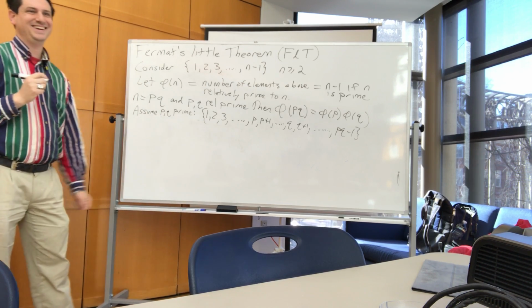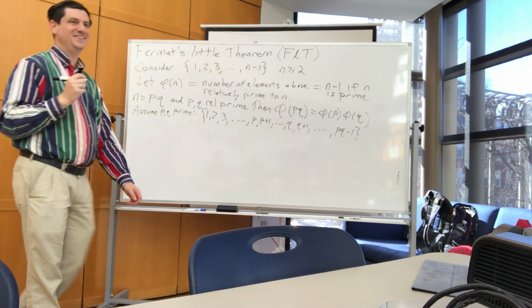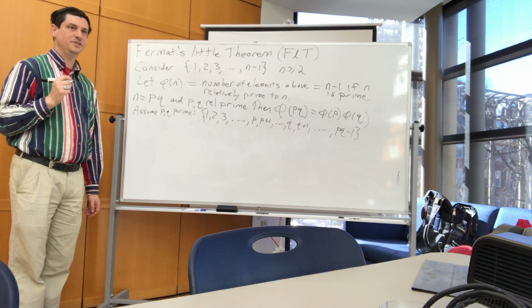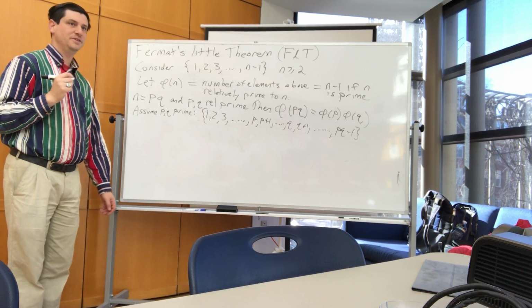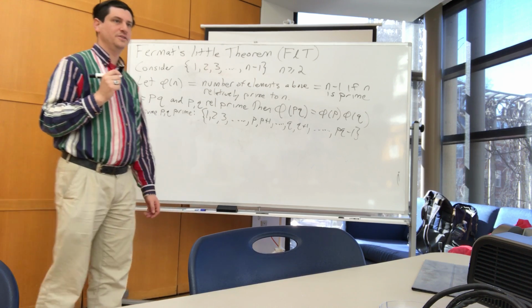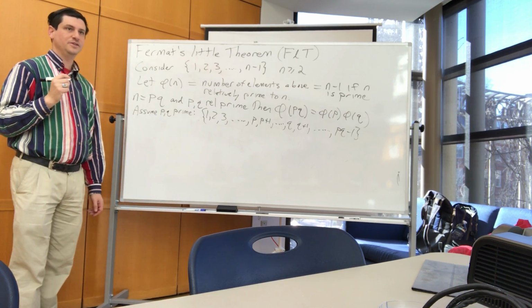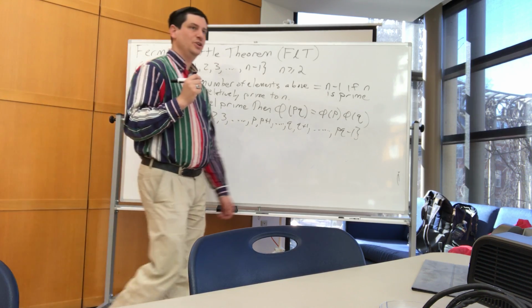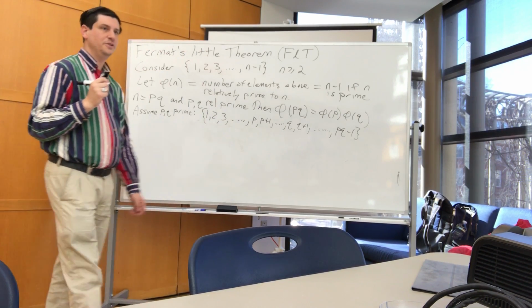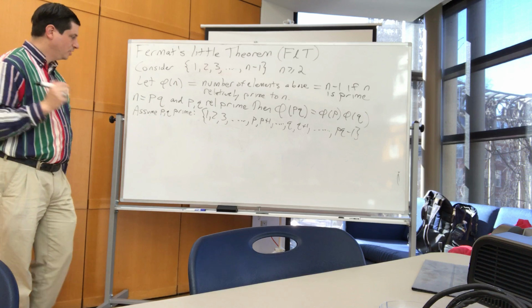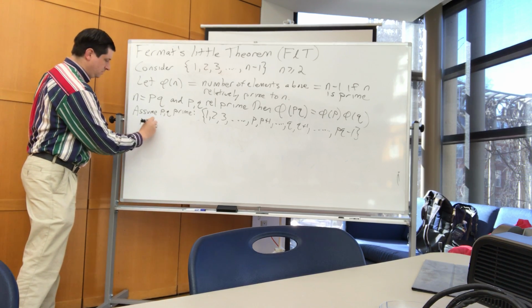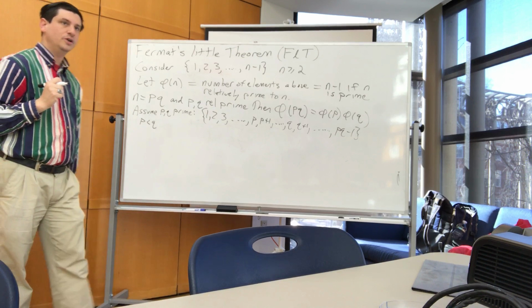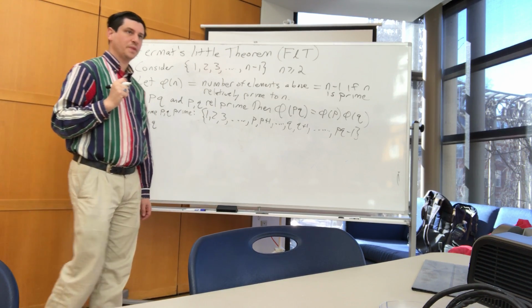Well, p is a factor of pq. So anything that is not relatively prime to p is also not relatively prime to pq. So you're not going to get new things. Things you could have eliminated with p will not be able to be included for p times q. And the same thing with q.